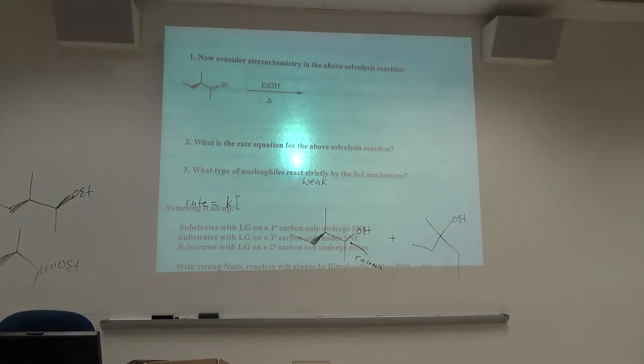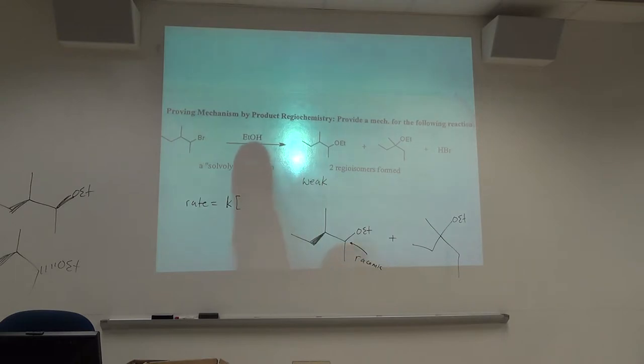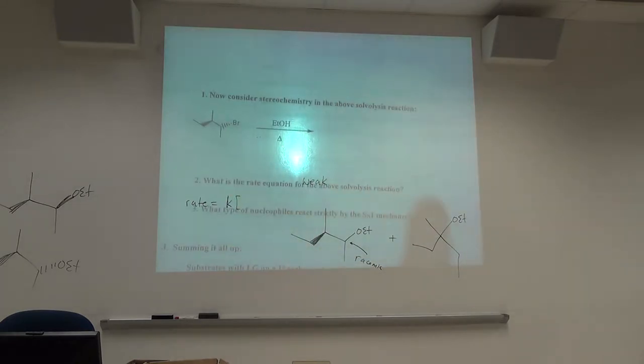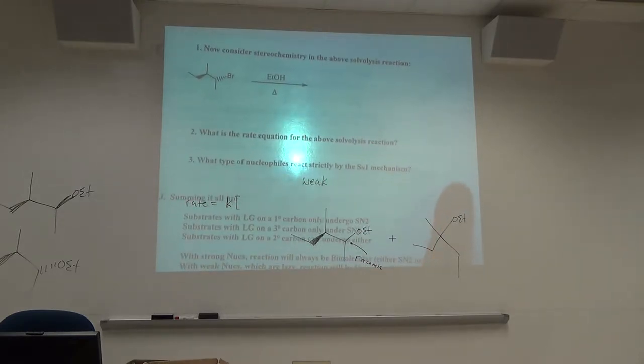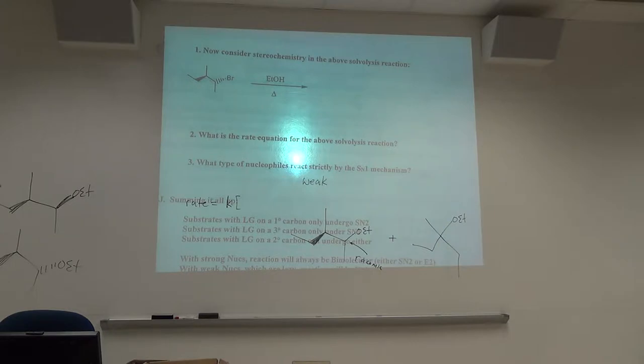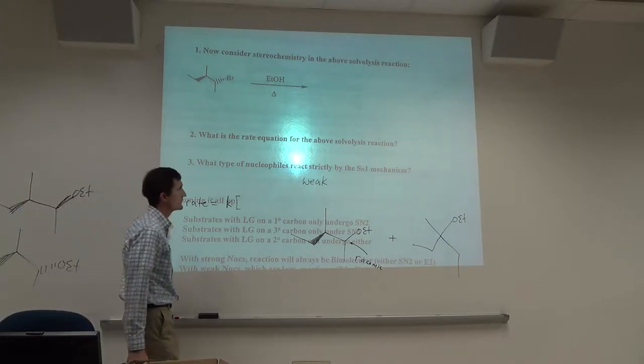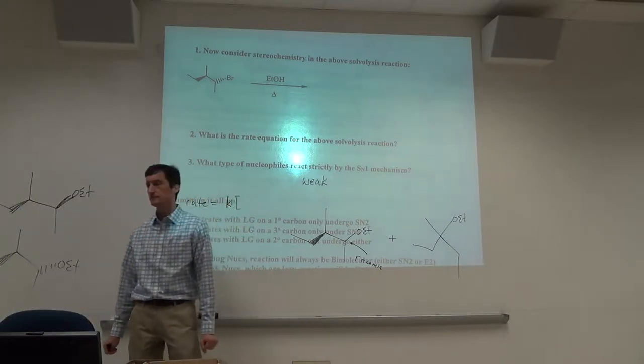I'm not sure what that means. What do you mean tertiary? Nucleophile, not electrophile. Here the ethanol was a nucleophile. It's not tertiary, but it is weak. What type of nucleophiles react strictly by SN2 mechanism?